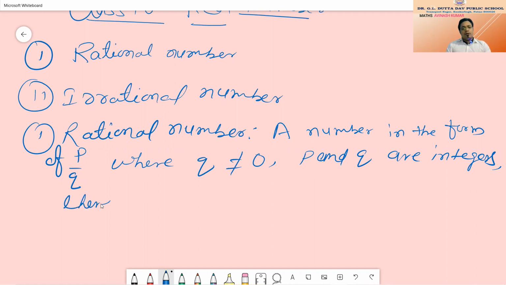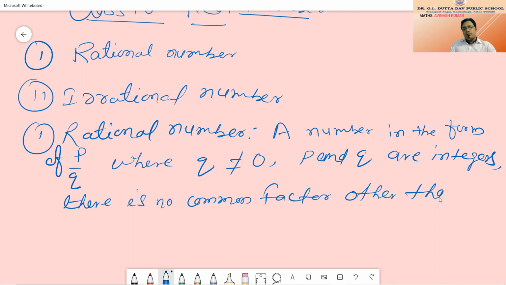There is no common factor other than 1. Other than 1 means there is only one common factor, that is 1.